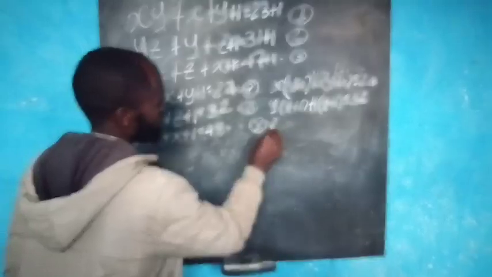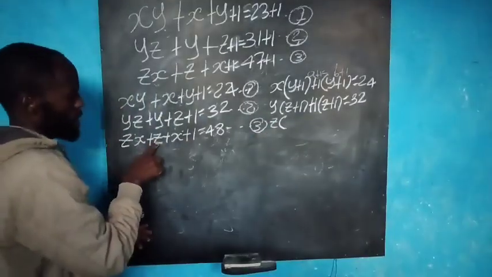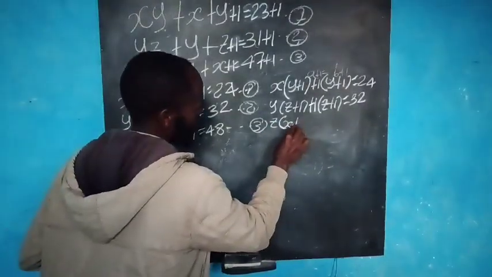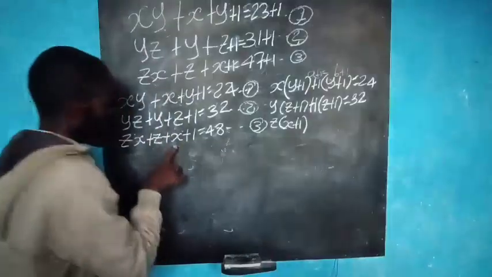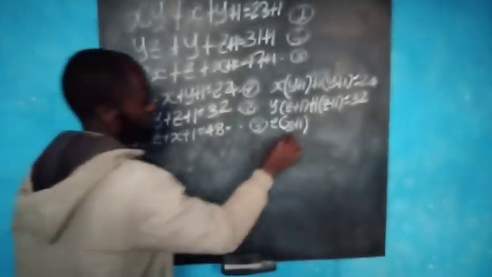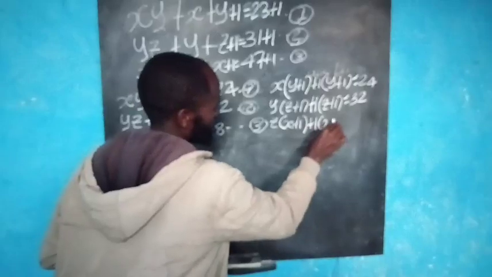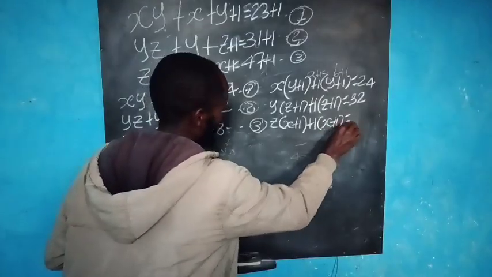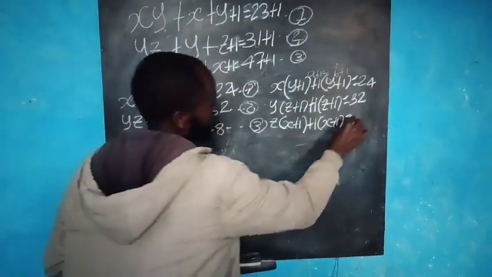So z times x plus 1, plus 1 times x plus 1, equals 48.